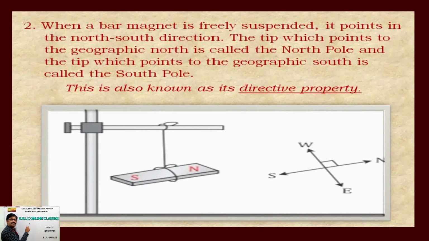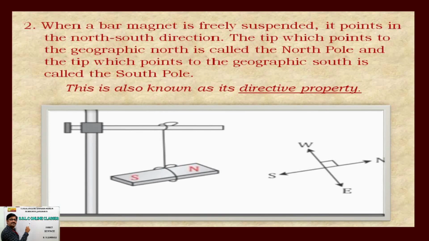Remember, geographic north and geographic south are the Earth's magnetic poles. We always take into consideration that Earth is a huge magnet, so Earth has its own north pole and south pole. Therefore, we call them the geographic north and geographic south of the Earth.